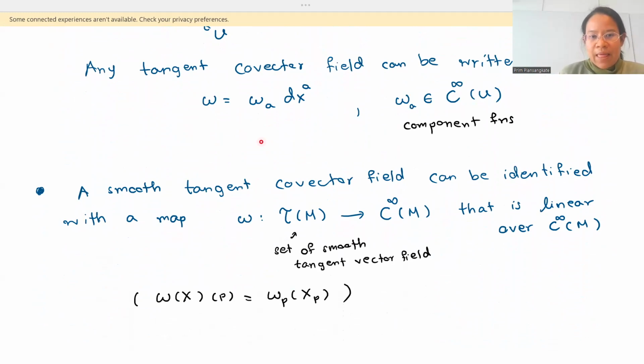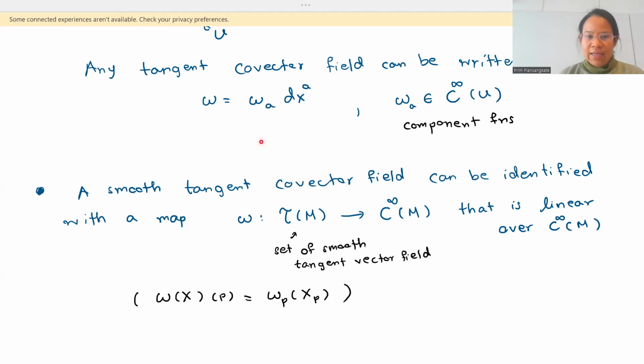The way we define this action is that a covector field acts on a vector field to give a function, and this function is defined by saying that its value at a point, which is a real number, is the same as the value of this covector field at a point P acting on the tangent vector.